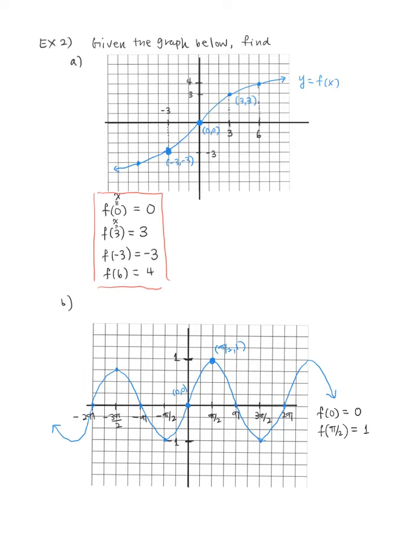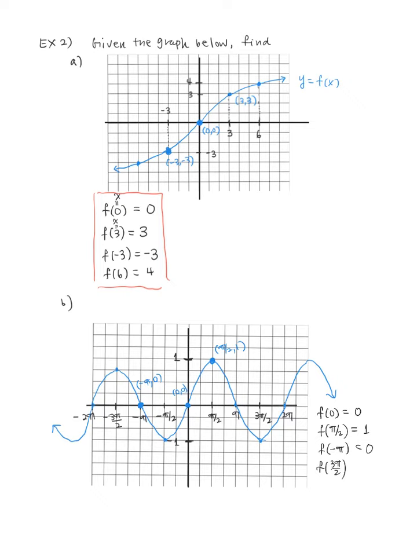Now let's go with f of negative pi. Again, this is asking, when x is negative pi, what is the corresponding y value? Here's our negative pi. It looks like the y value is 0. So f of negative pi is 0. Now let's go with f of 3 pi over 2.